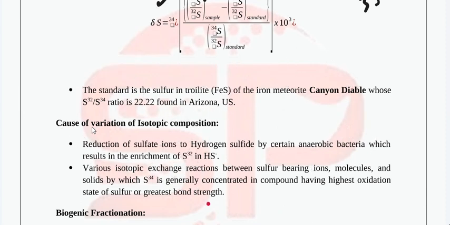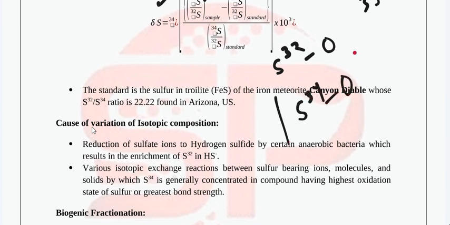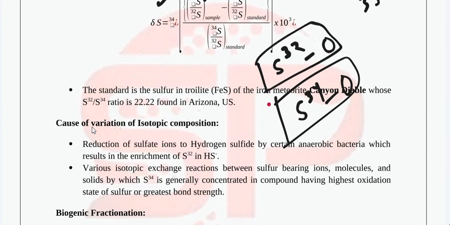The sulfur 32 bond with oxygen is very weak and the sulfur 34 bond with oxygen is very strong. So when fractionation occurs, the sulfur 32 oxygen bond is easily broken and the sulfur 34 oxygen bond is not easily broken.